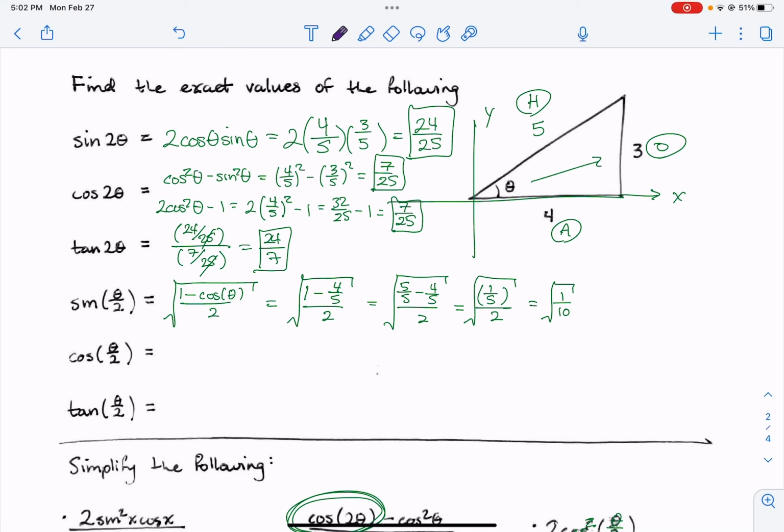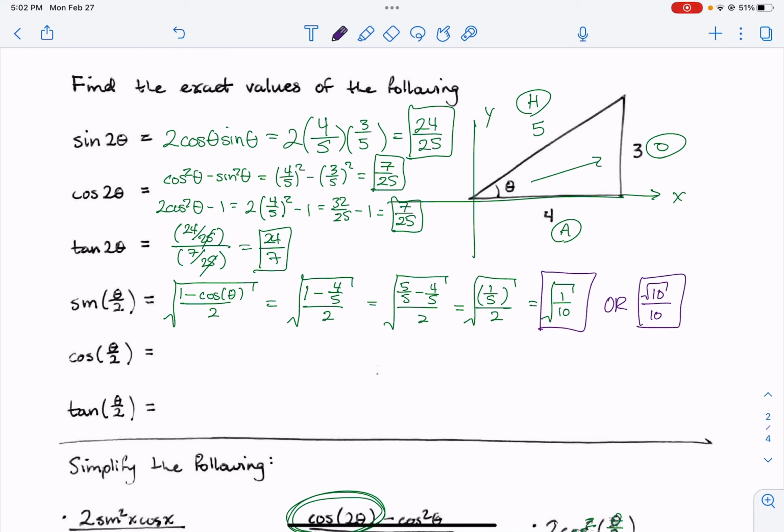So we turn the 1 into 5 over 5, subtract those two, and we get 1/5. And 1/5 divided by 2 turns into 1/10. And you could leave it like this, or if you rationalize, you get radical 10 over 10. Right, so either is kind of fine.